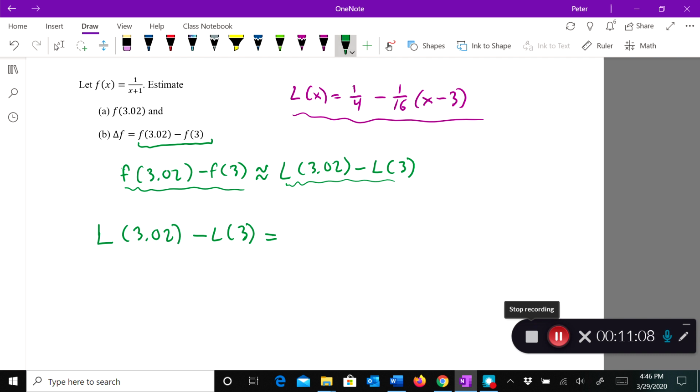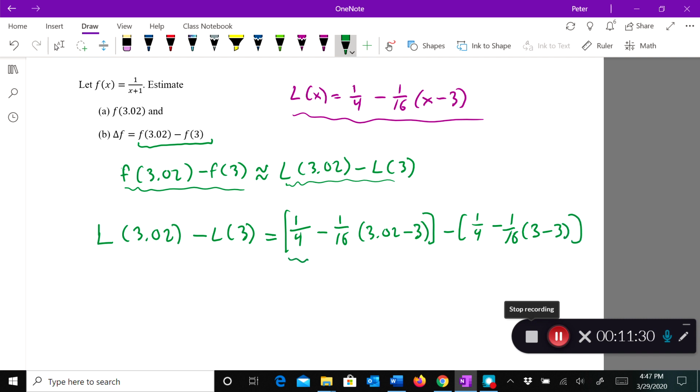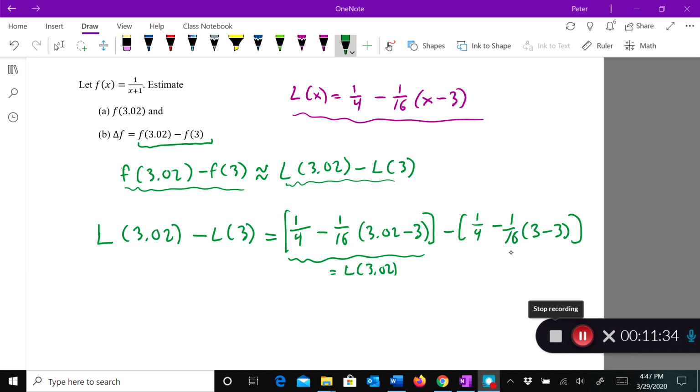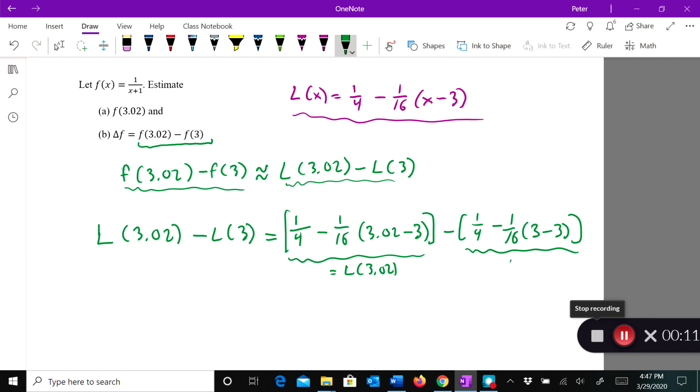So this is going to equal 1/4 minus 1/16 times 3.02 minus 3, minus 1/4 minus 1/16 times 3 minus 3. So this here is equal to L of 3.02, and this is equal to L of 3.